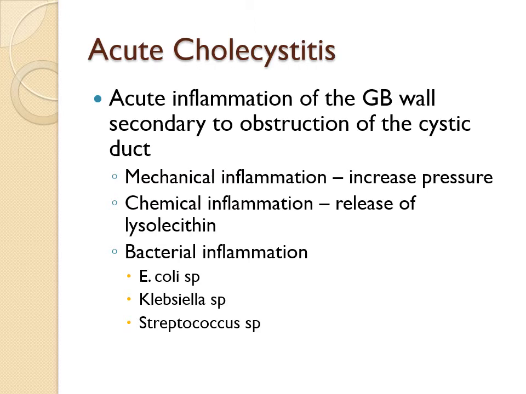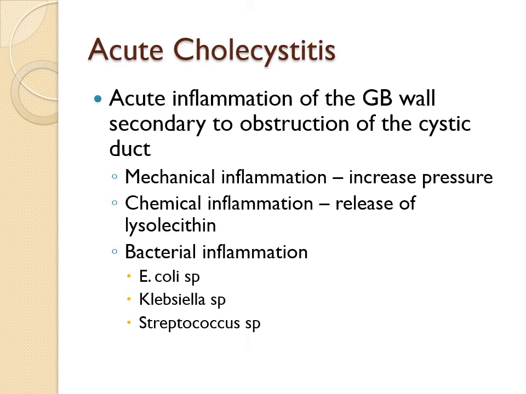For acute cholecystitis, so basically this is an acute inflammation of the gallbladder wall secondary to an obstruction of the cystic duct. So there are three main mechanisms for the development of acute cholecystitis. So one is mechanical inflammation. This is secondary to the increase in the pressure in the gallbladder, secondary to the obstruction of the cystic duct. Then you have your chemical inflammation.